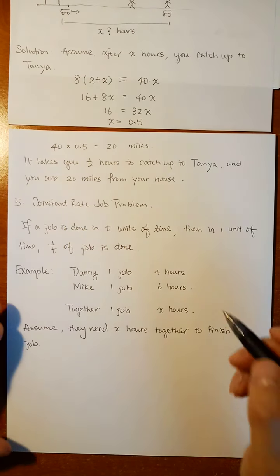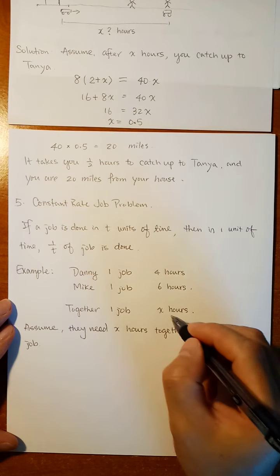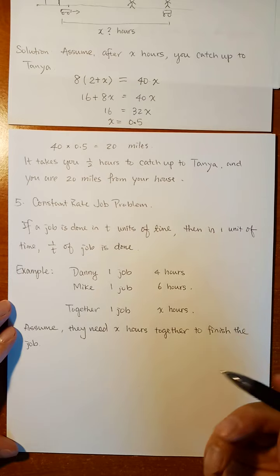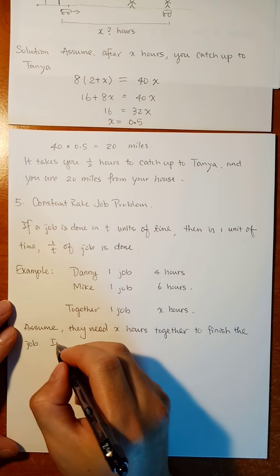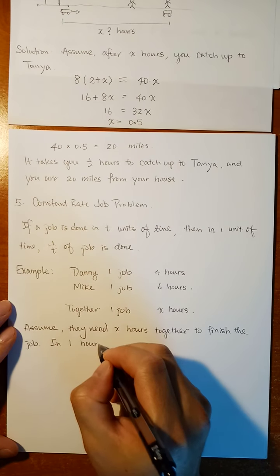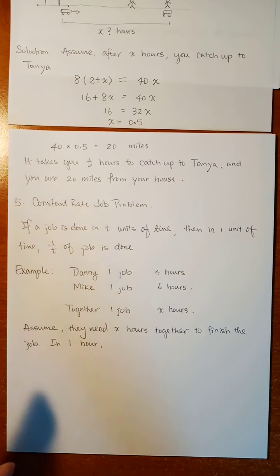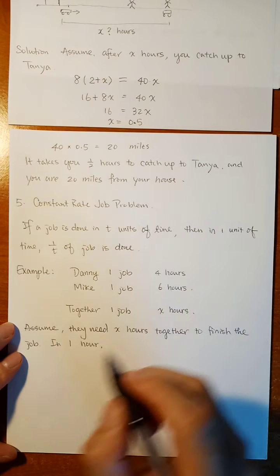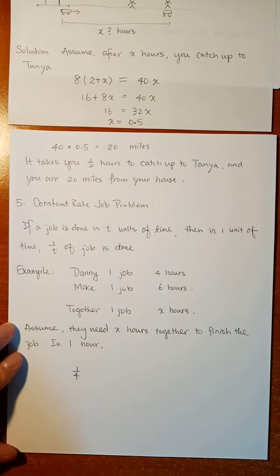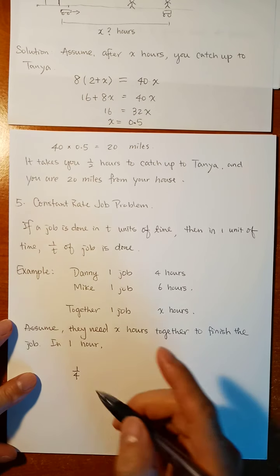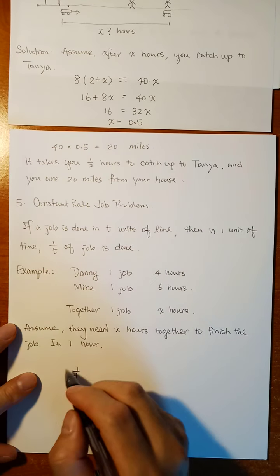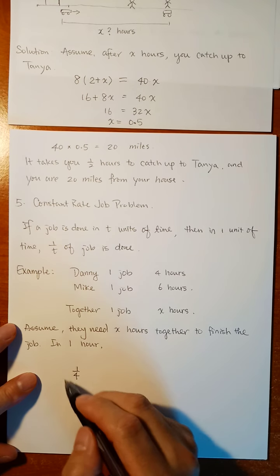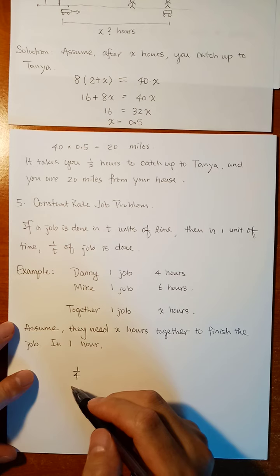Well, then one job needs X hours, one job needs 4 hours, one job needs 6 hours. Let's see, in 1 hour, the problem says no gain, no loss of efficiency, which means in 1 hour, Danny will finish 1/4 part of the job, right? Even though they work together, Danny still finishes 1/4 of the job.